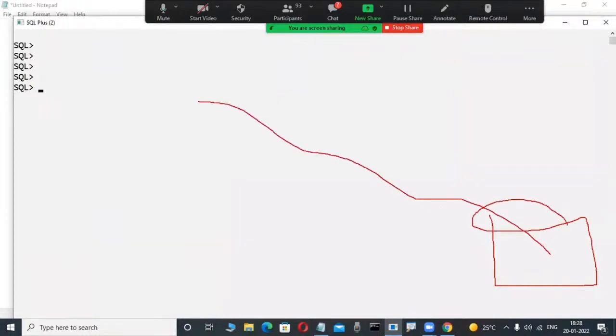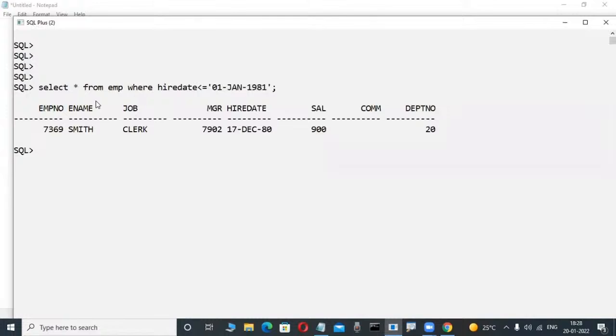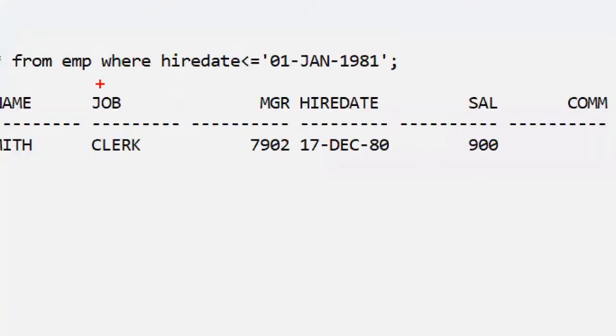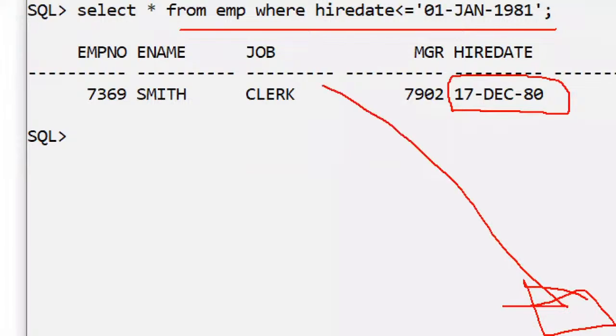How do we fetch this data? We write queries. For example: select star from table name where hire date is less than or equal to 1st January 1981. Just by writing the query, the data is displayed automatically. With a single line of code, the employees who joined before 1981 are retrieved from the database.